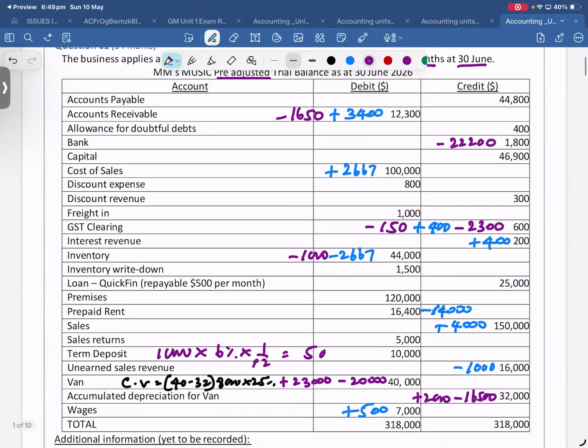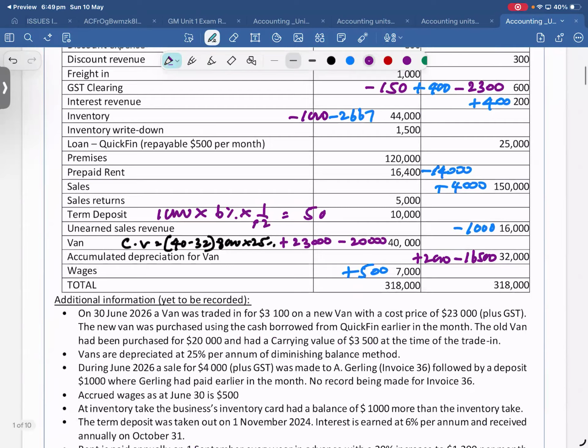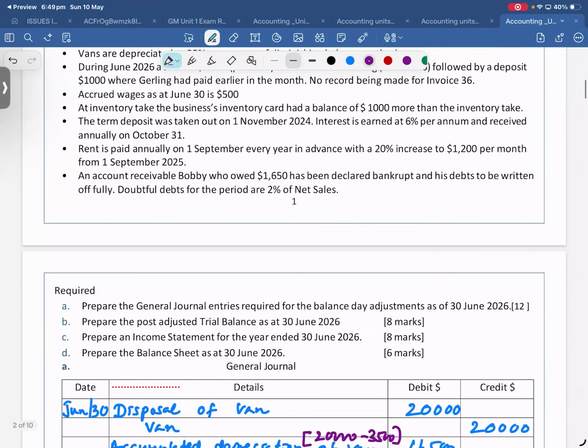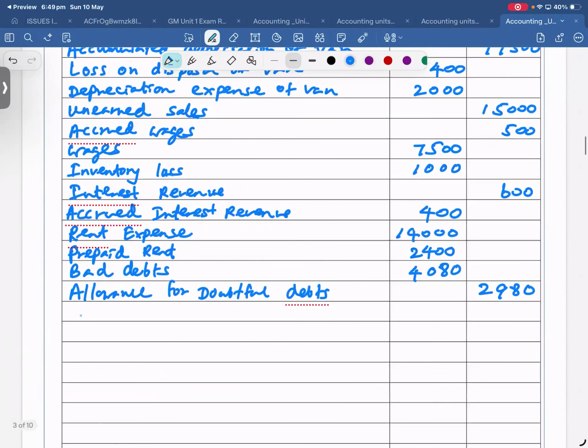Accounts payable, nothing. Accounts payable 44,800.